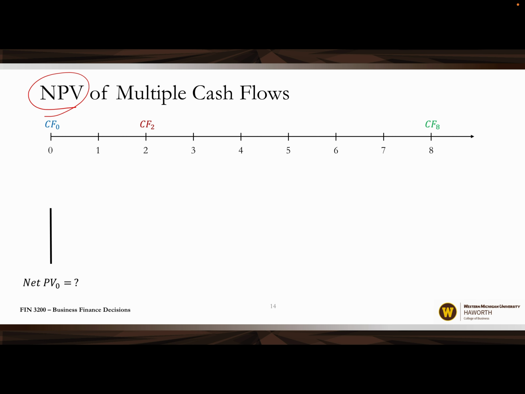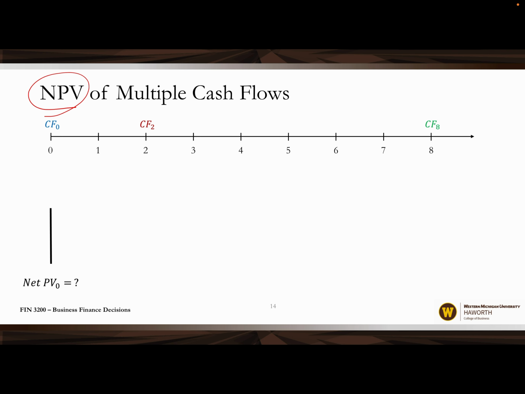Okay, here, so if an investment promises these cash flows: cash flow at time 0, cash flow at time 2, cash flow at time 8. If you were to calculate the NPV as of time 0, you want to calculate these individually. We'll talk about different cash flow patterns in topic 3, but for now, this doesn't fit into any pattern.